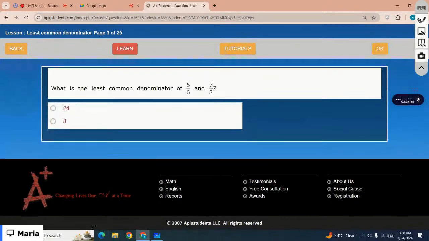What is the least common denominator of 5 by 6 and 7 over 8? Which is the correct option?